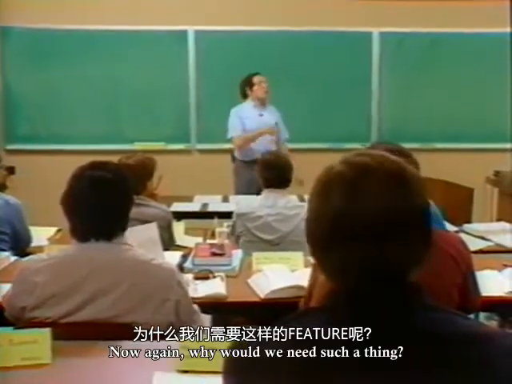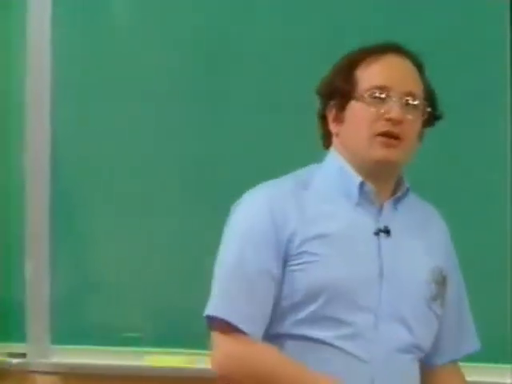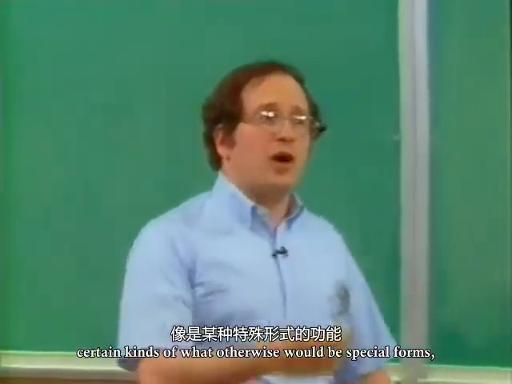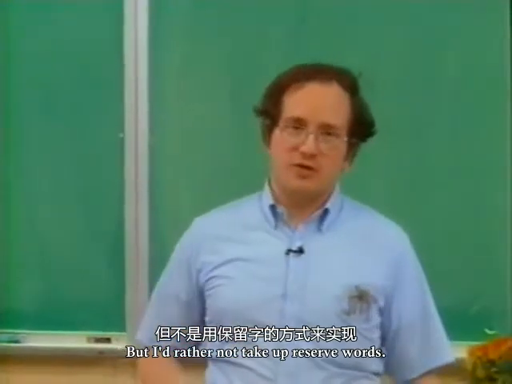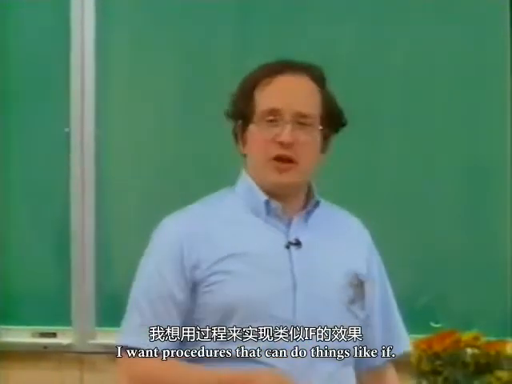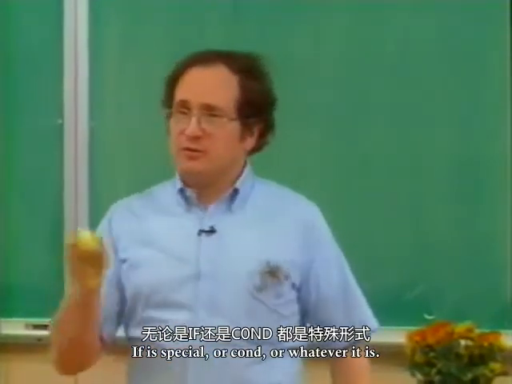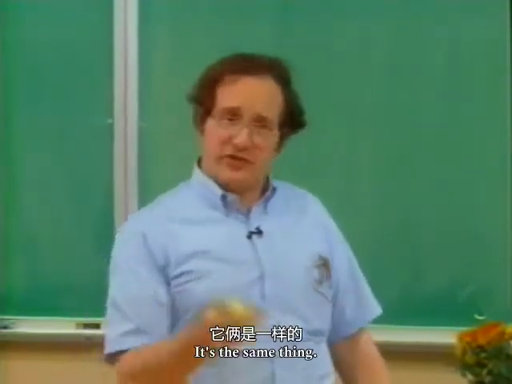Now again, why would we need such a thing? Well, supposing we wanted to invent certain kinds of what otherwise would be special forms, reserved words, but I'd rather not take up reserved words. I want procedures that could do things like if. If is special, or cond, or whatever it is, it's the same thing.